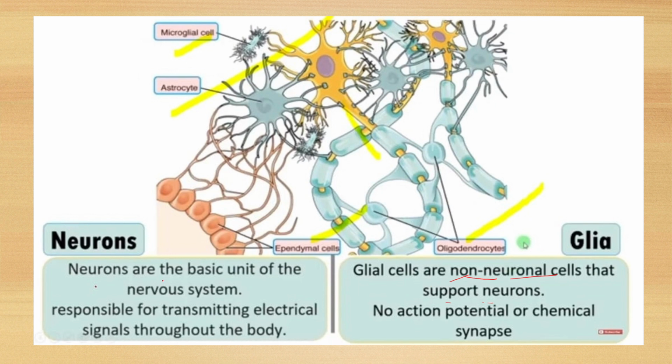However, neurons are mainly responsible for transmitting electrical signals throughout the body. So all the signals throughout the body are transmitted through the neurons. Action potentials develop in the neurons, while in glia or neuroglia there is no action potential generation or chemical synapse. They are basically responsible for supporting the neuron and they are non-neuronal cells.